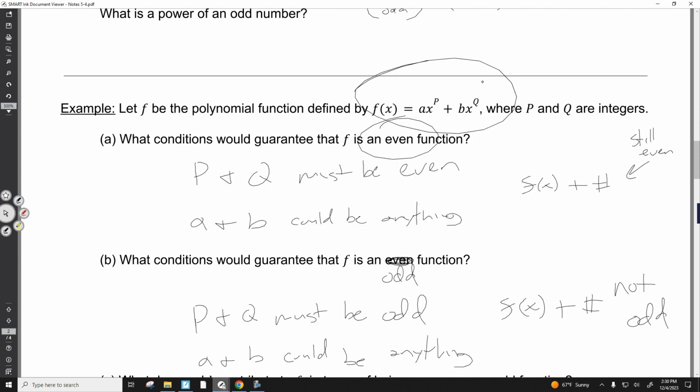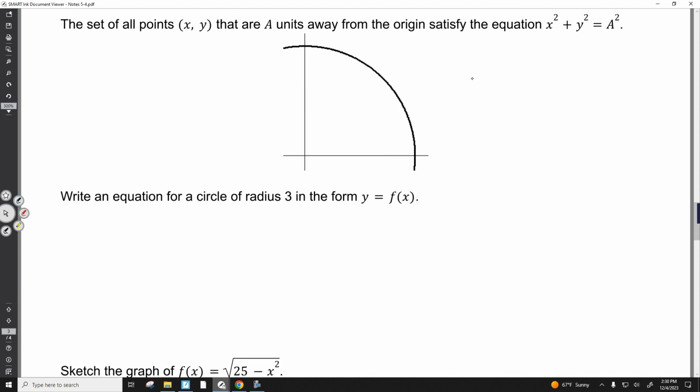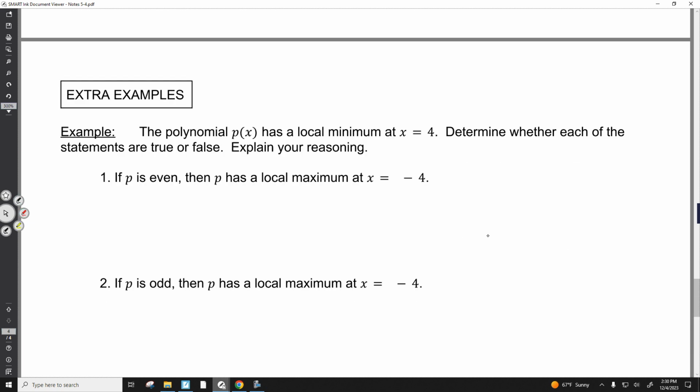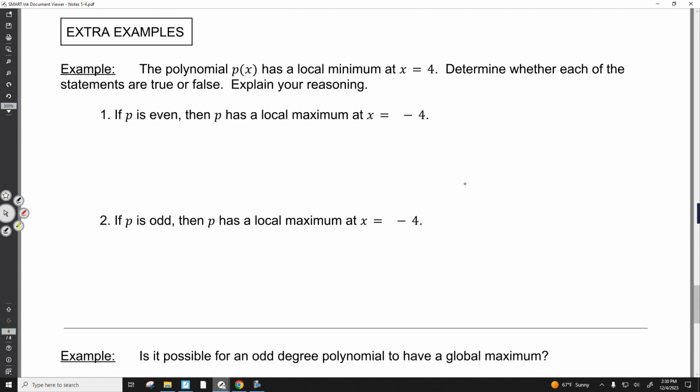But go to the last page really quickly. If you have an even function that has a max at -4, what's happening at 4?